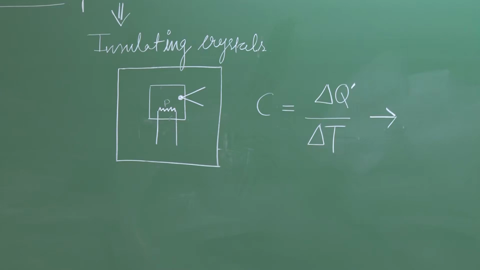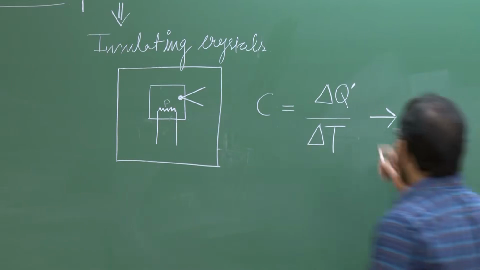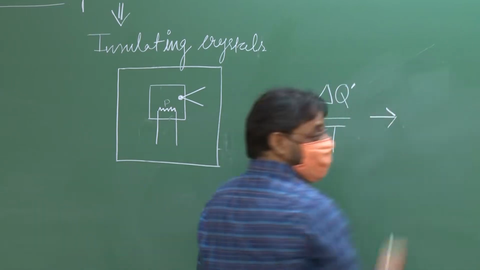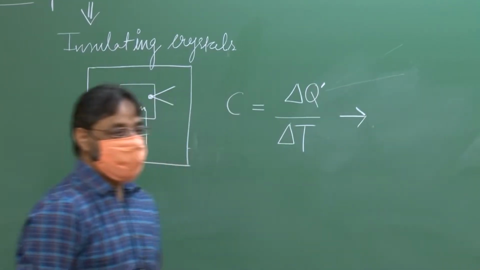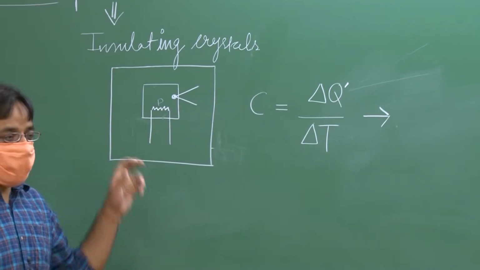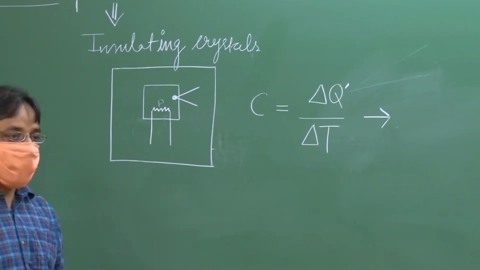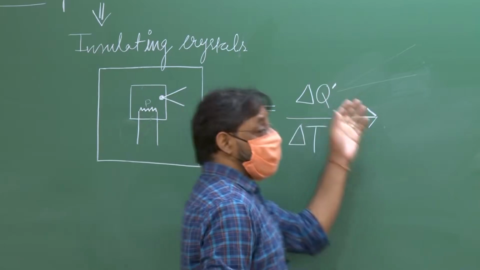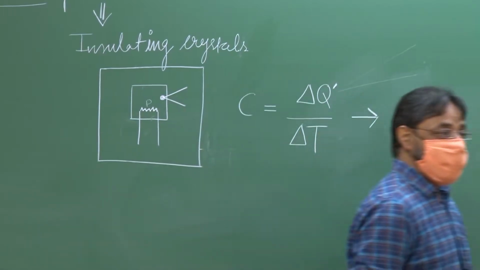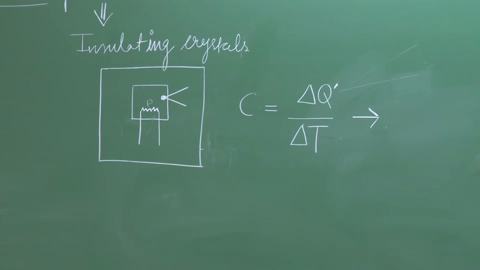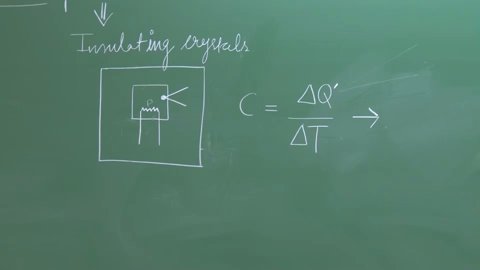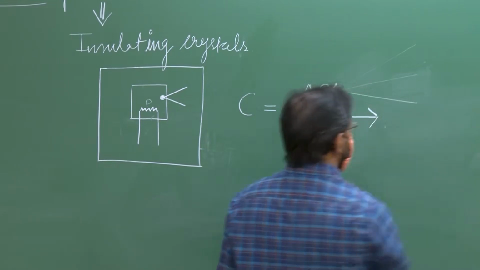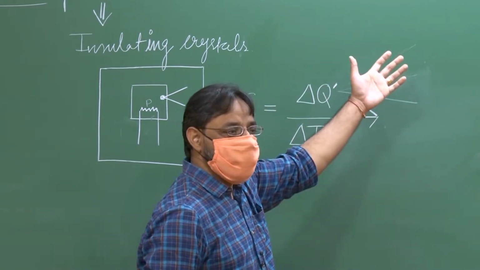So, a portion of this delta Q prime will go to excite the lattice, and a portion of this delta Q prime will go into heating up, I mean, I am using a very loose language, the electrons in the material. And if the material is also magnetic, then you have magnetic degrees of freedom. You have spins ordered, you have spin waves, you are exciting those waves. So, a part of heat will go into that also, right. So, this is number 3, and on top of it anything else which is there, right.